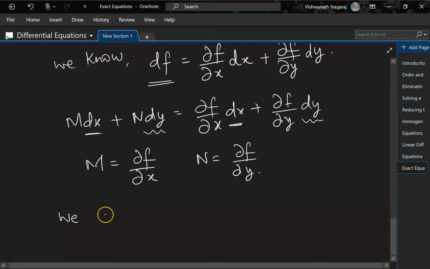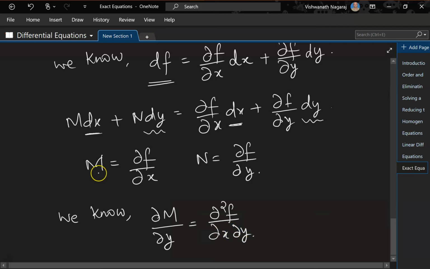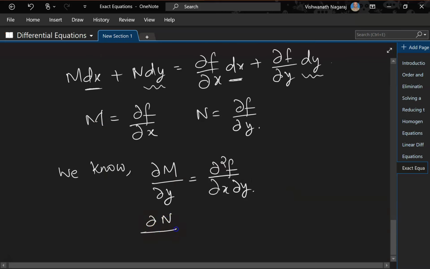Again, from the session on partial differentiation, we know that ∂M/∂y = ∂²f/∂y∂x. That means we are partially differentiating M with respect to y. Again, we partially differentiate N with respect to x, and we get ∂²f/∂x∂y.